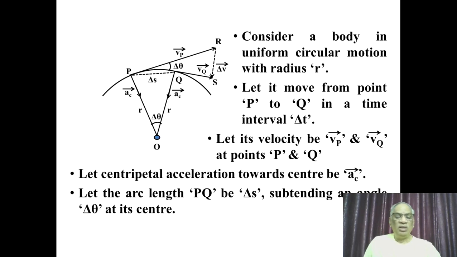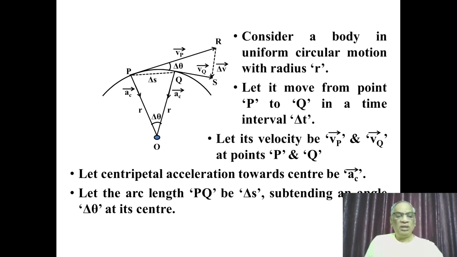OP and OQ are the radius r, and the arc length PQ makes an angle delta theta at the center, in the time taken delta t. The angular displacement is delta theta. The centripetal acceleration Ac acts towards the center. The arc length PQ is delta S, subtending an angle delta theta at the center.